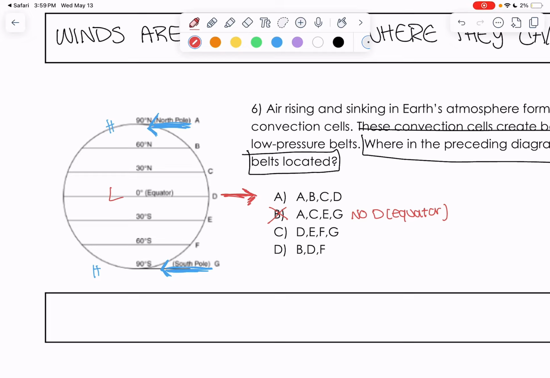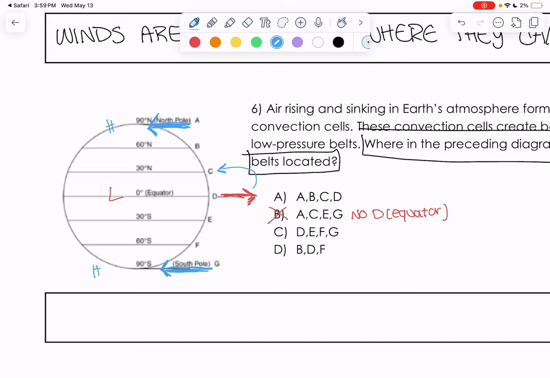So we've got to keep talking about it. These convection currents that we talked about before with the sea breeze and the land breeze are a result of warm air rising and cold air taking its place. Well, when warm air rises, eventually it starts to cool down, and so it will begin to sink.